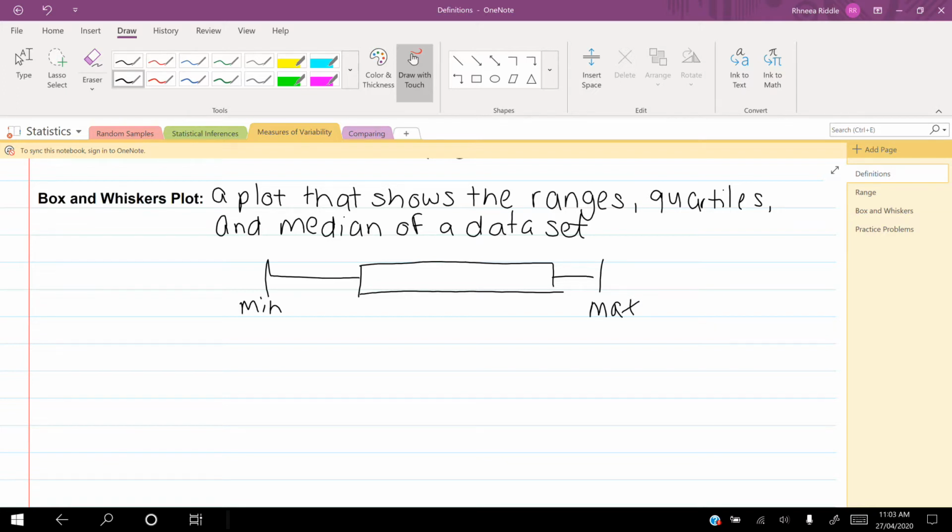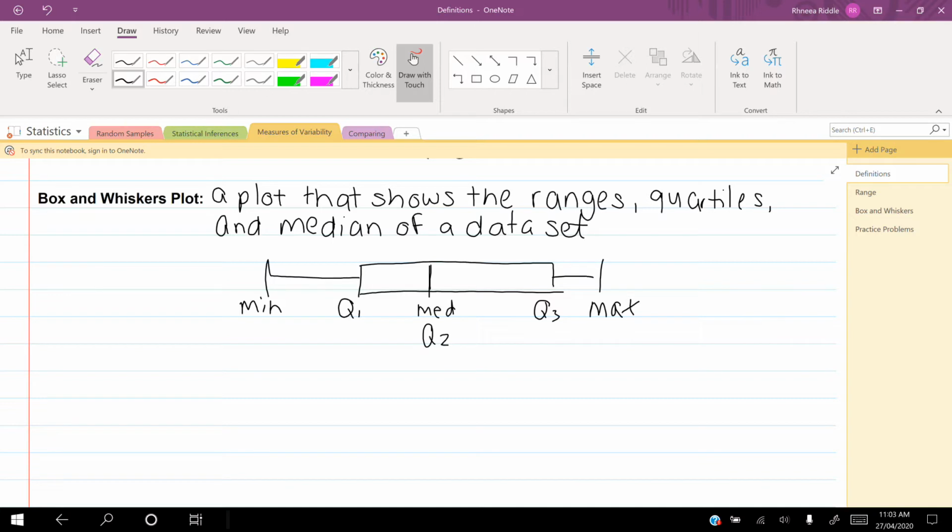The box starts at the quartile 1, or the lower quartile, and ends at quartile 3, or the upper quartile. And the box is usually divided by the median, which is not always dead center, and the median is also sometimes called Q2.